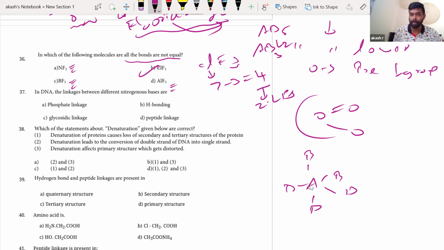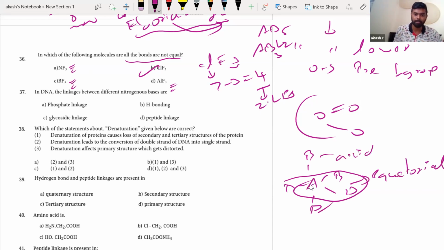And this is my trigonal bipyramidal. Now these 3 bonds are called equatorial bonds. Right. And these 2 are called axial bonds, and these bond lengths are different. Okay, so ClF3 also will have the same geometry because it has steric number 5. So definitely axial and equatorial are present. So definitely they will have different bond lengths. Okay, so ClF3 is the answer to this question.